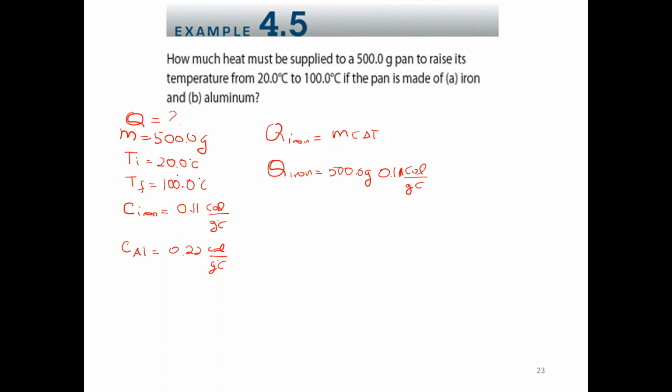Delta T is 100 minus 20, which equals 80 degrees.